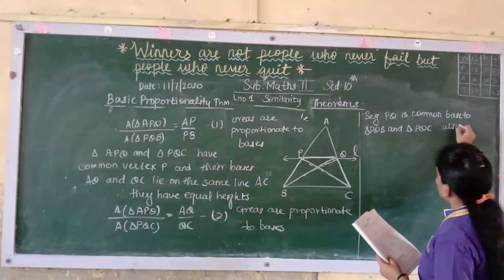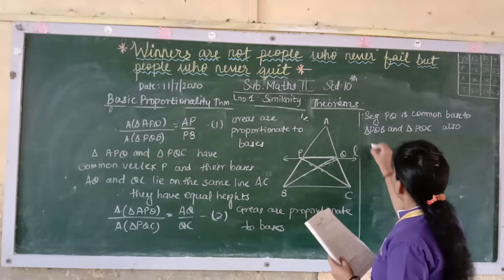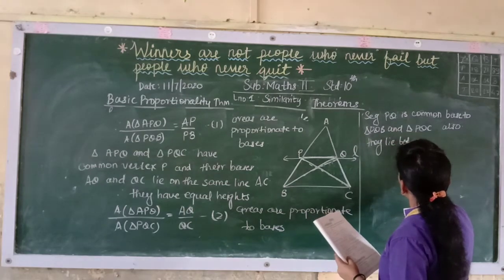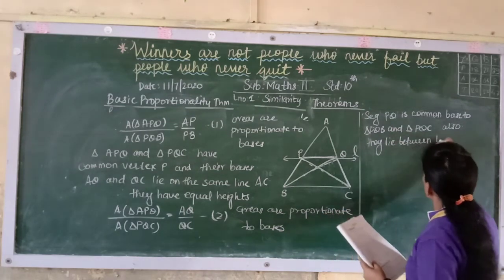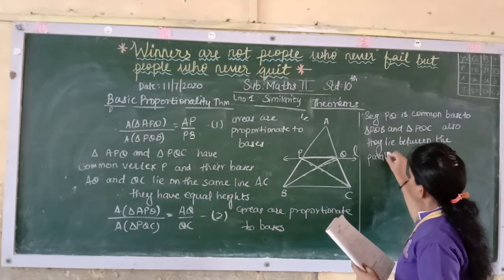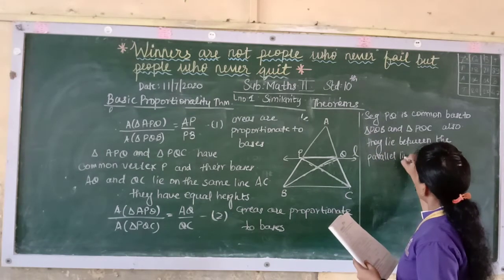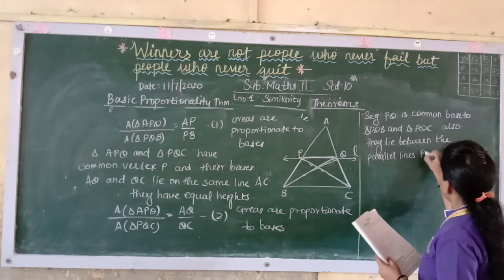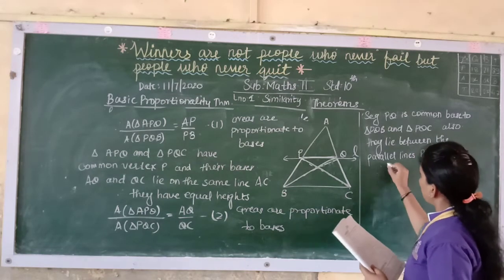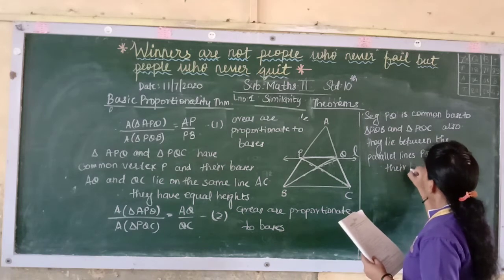Also they lie between the parallel lines PQ and BC. Therefore, their heights are equal.